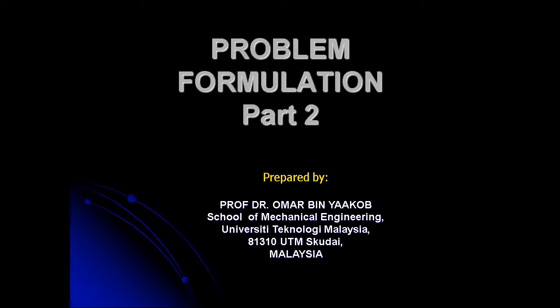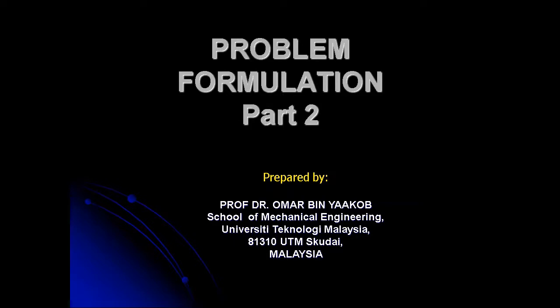So today what we want to do is to continue with our problem formulation class, where this is the second part. If you remember, the first part dealt with the formulation of the problem, looking at the sources of information for the problem and identification of the problem.